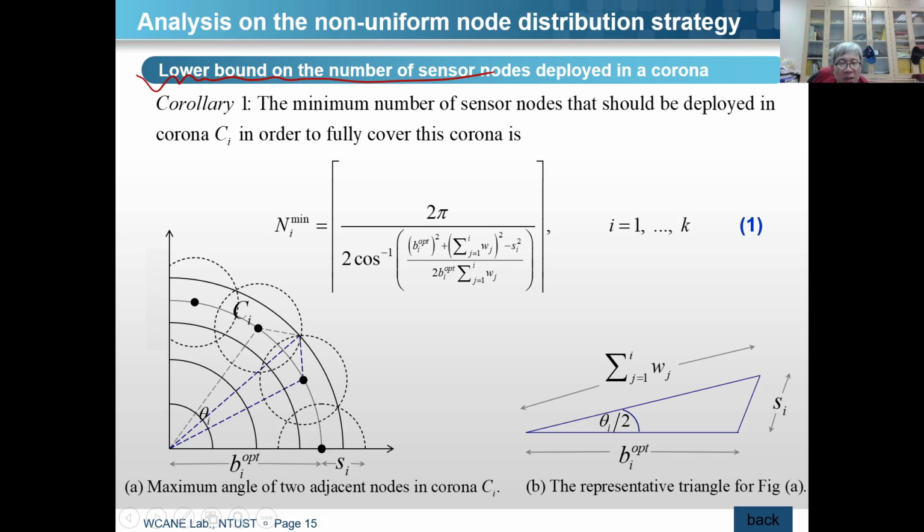We can define the minimal angle so that we have the maximum separation and still have the proper coverage, and then we can find the lower bound on the number of sensor nodes deployed in a corona.